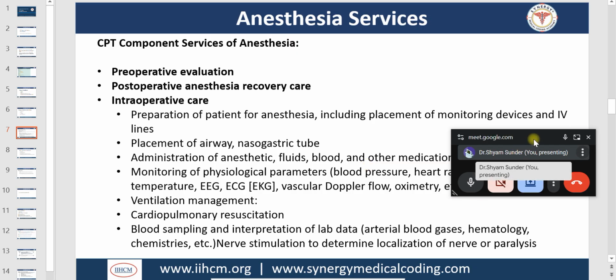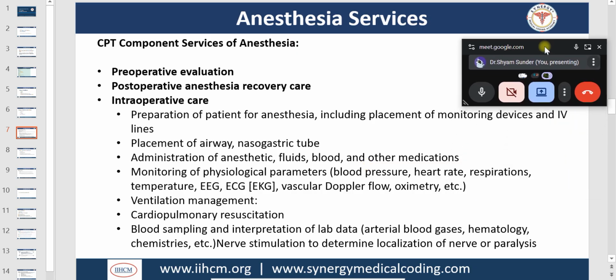Okay, now we know what is anesthesia service, who is licensed to provide anesthesia services, what are the types of anesthesia, and now let us look at the anesthesia service package. If the anesthetist has to receive full payment for the anesthesia service code when you bill, what services should be provided?